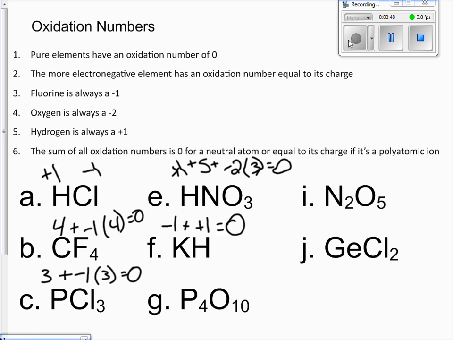Letter G, tetraphosphorus decaoxide. Oxygen is our more electronegative element, so it gets a -2 charge. We have 10 of them. We have 4 phosphorus atoms.